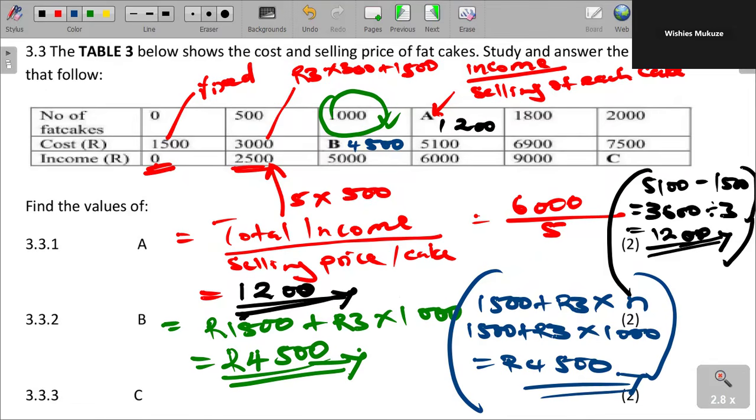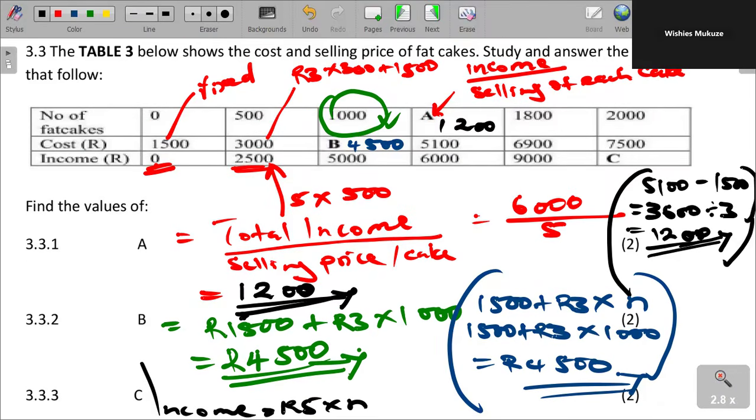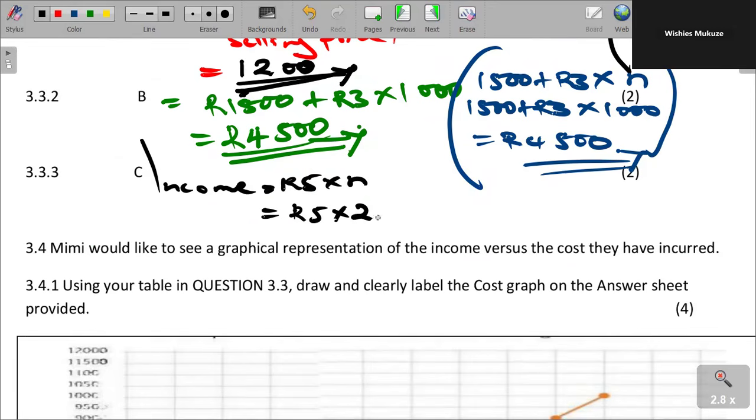We already have that formula: income is equal to 5 rand times N, which is 5 multiplied by the number of cakes, which is 2,000. 5 multiplied by 2,000 gives us 10,000.